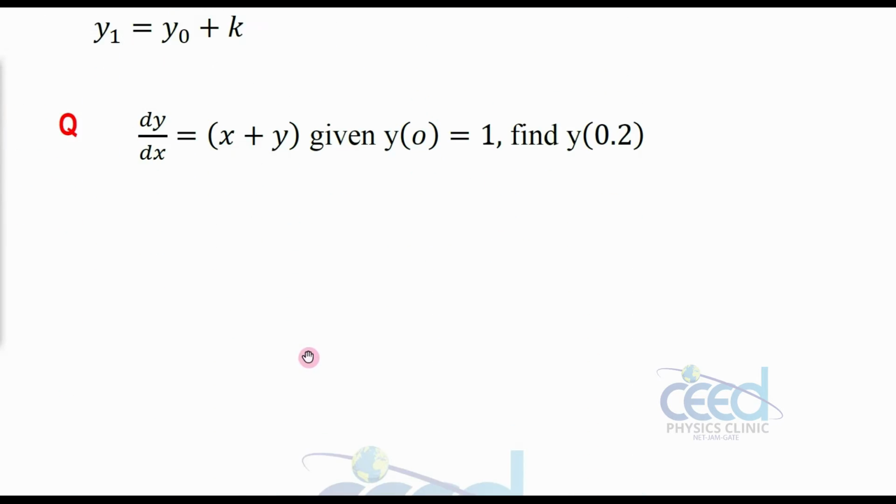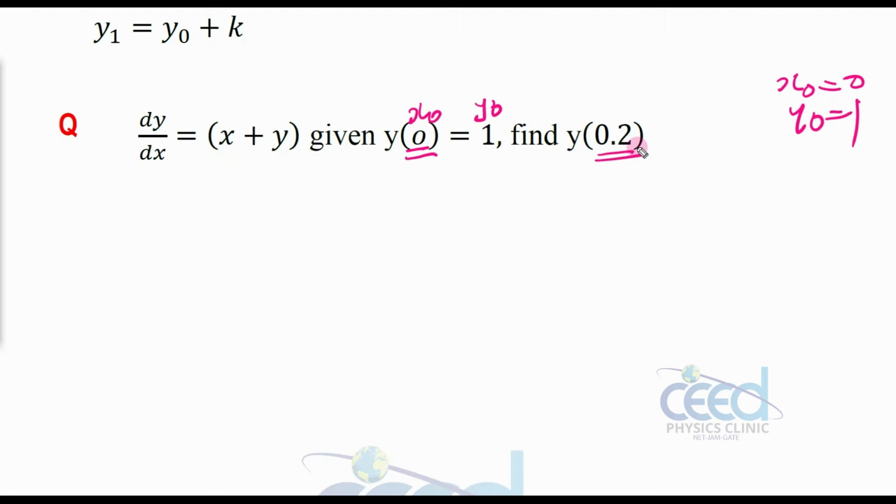Here you are given a question, dy by dx is equal to x plus y, and y of 0 is equal to 1. Let me write the given parameters first. So x0 is equal to 0 and y0 is equal to 1, and we want to find at 0.2.